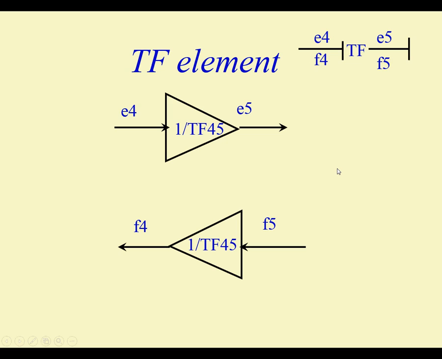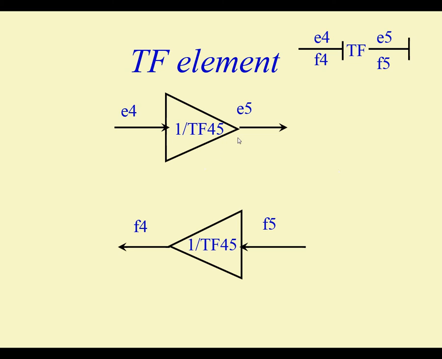Here's the other form. You could have the modulus written in terms of the output F5, or the flow 5, flow 4 in this case.